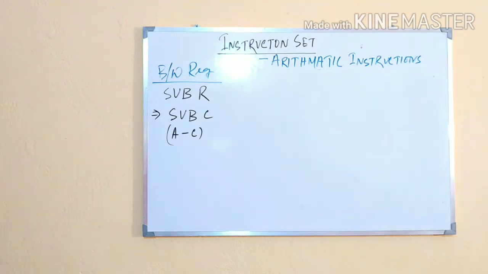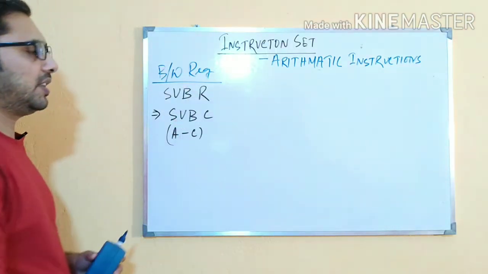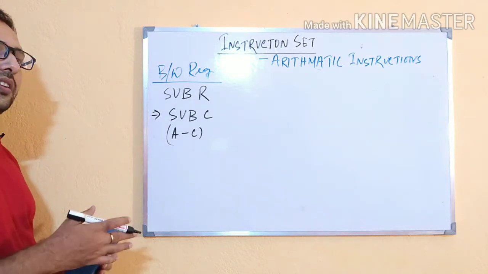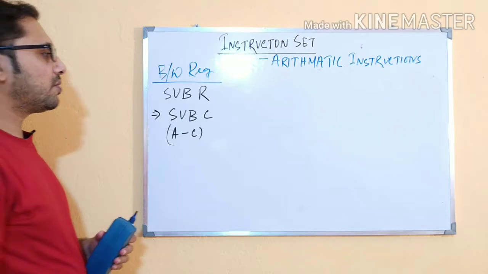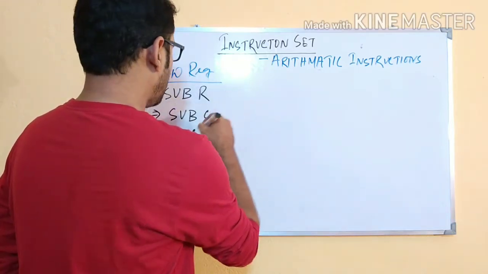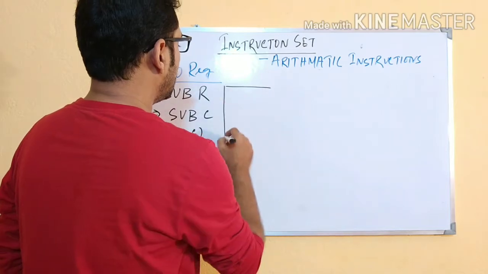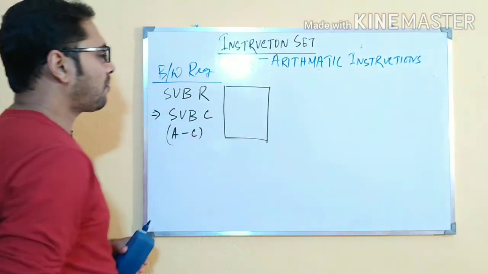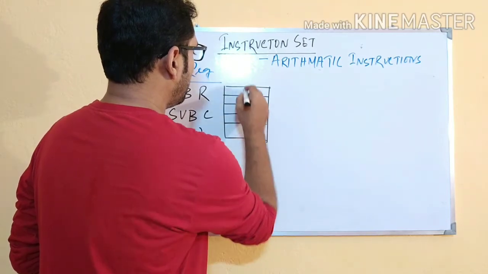Now here one interesting thing is how to perform the subtraction actually. Try to understand with a real life example. Assume this is the programming model of 8085 that we know.